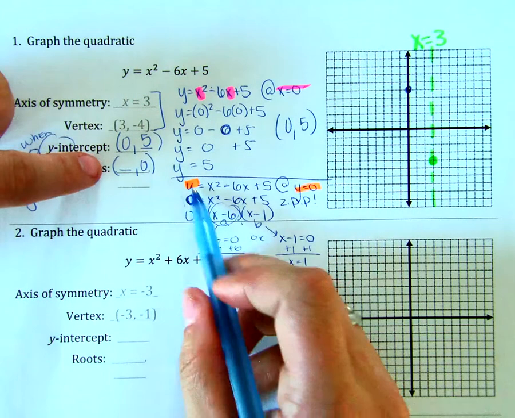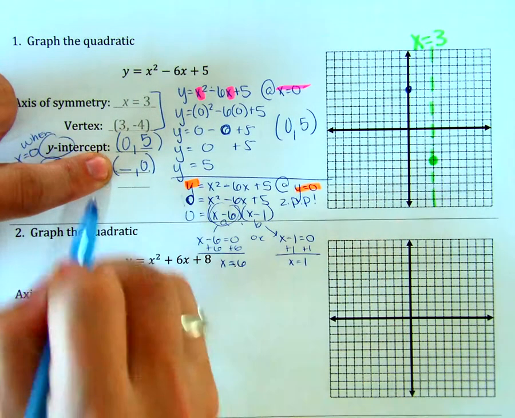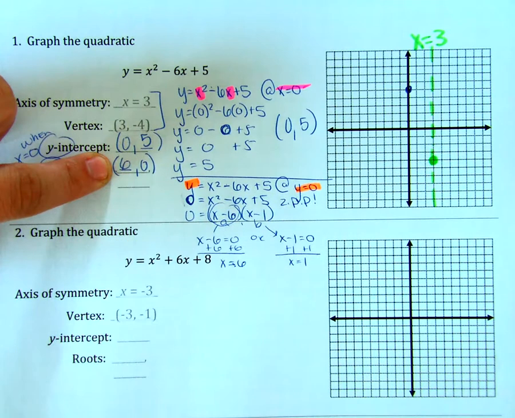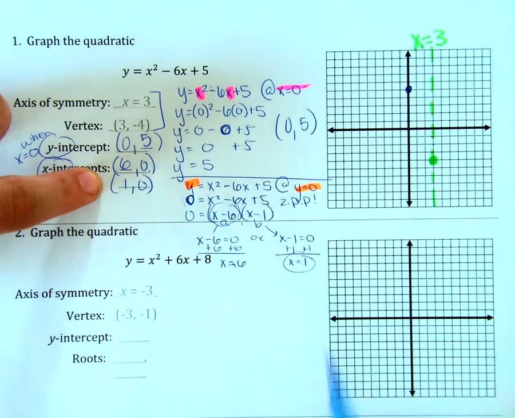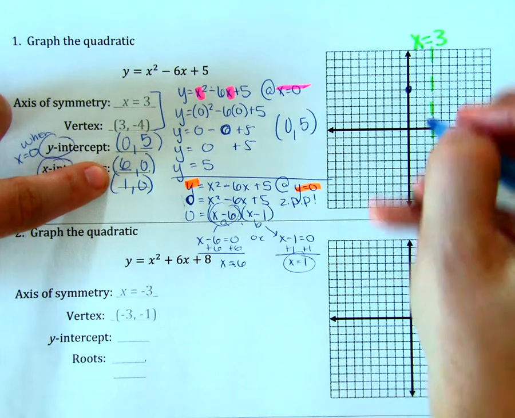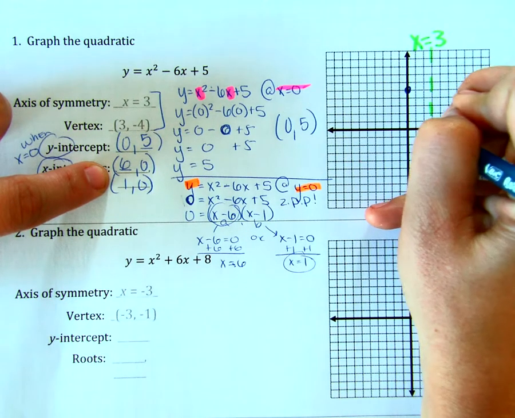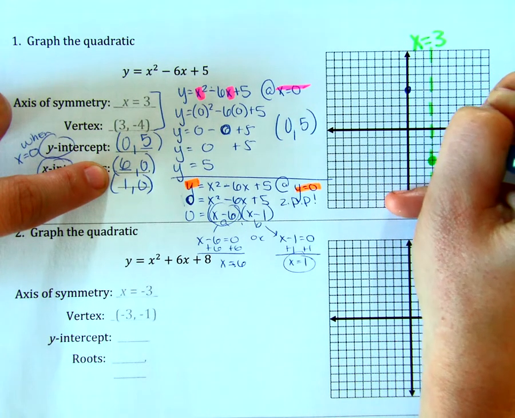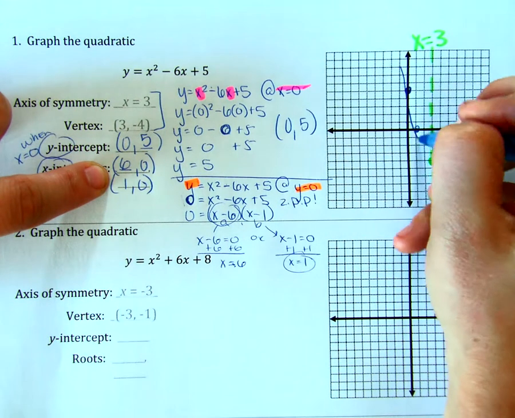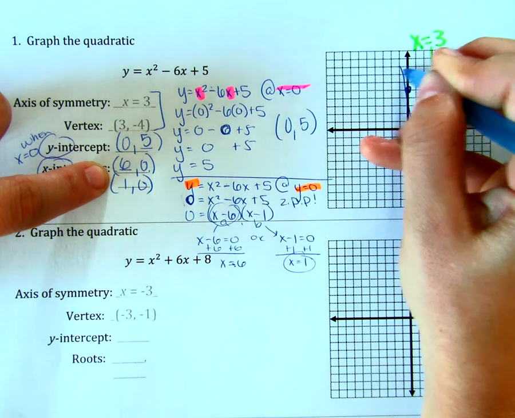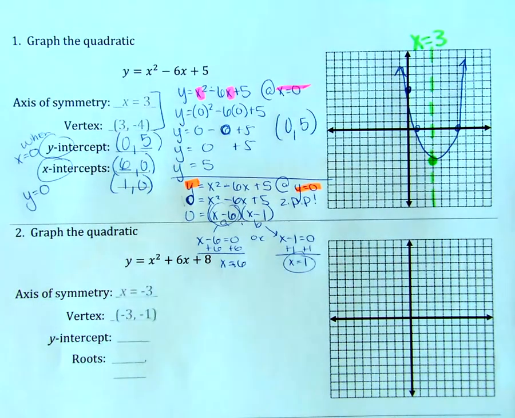So when y equals 0, x is 6, or x is 1. And we're going to graph both of these. 6, 0, 1, 2, 3, 4, 5, 6, and 1, 0. And then actually you would just connect the dots.